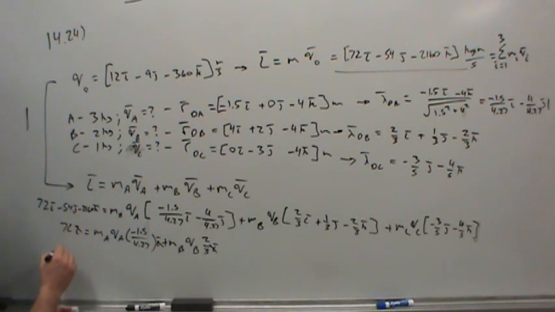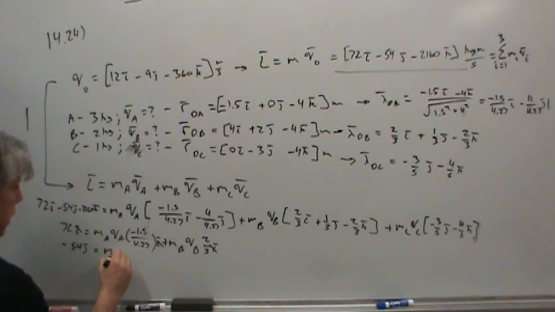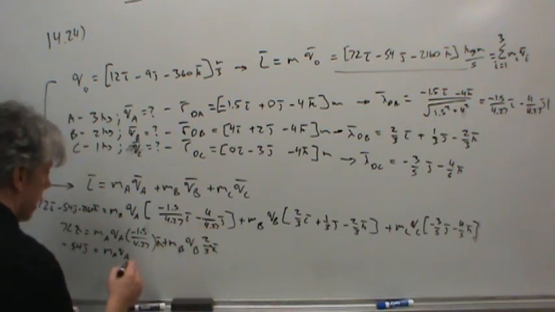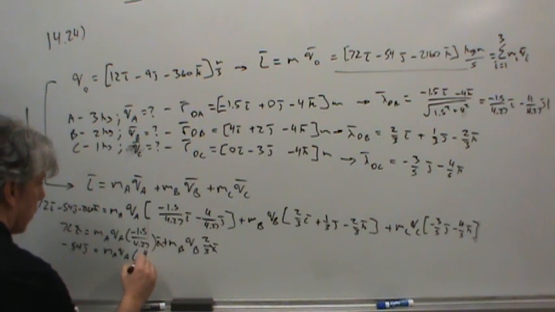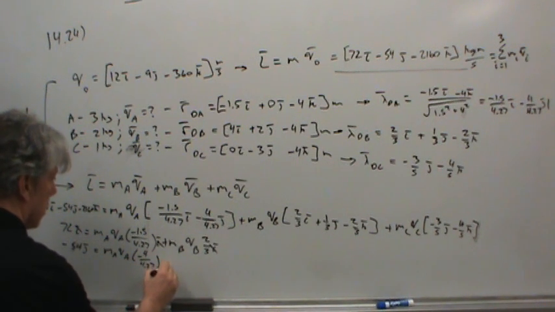In the same way, we could write negative 54J equals mass of A, velocity of A, times negative 4 over 4.27J.